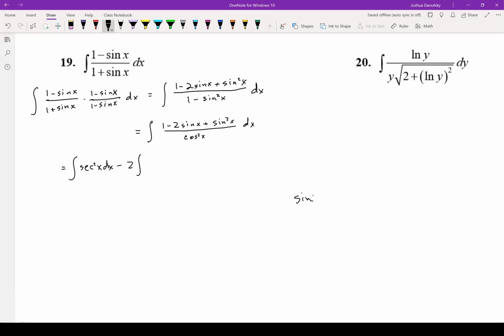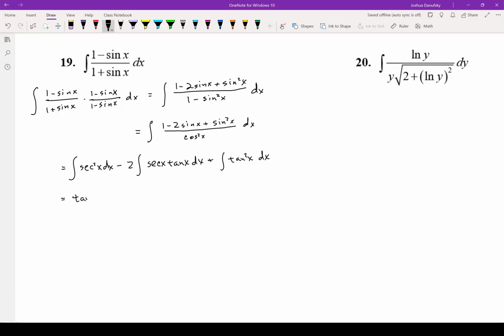Well, off to the side real quick, if I have this, that's what that middle term will become in the numerator when it's divided by cosine squared. And this is tangent times secant, or secant tangent, which we like that antiderivative. And then finally in back, we have sine squared over cosine squared, which will give us the integral of tan squared x dx.